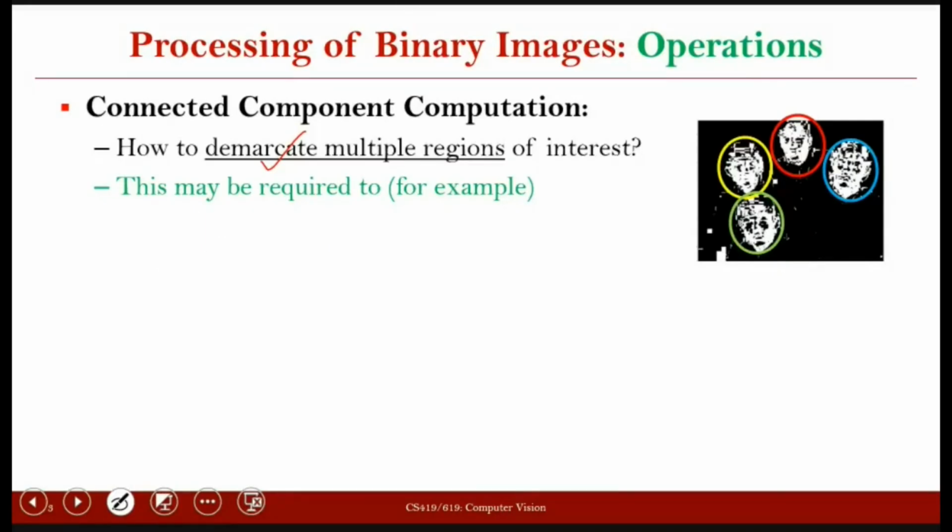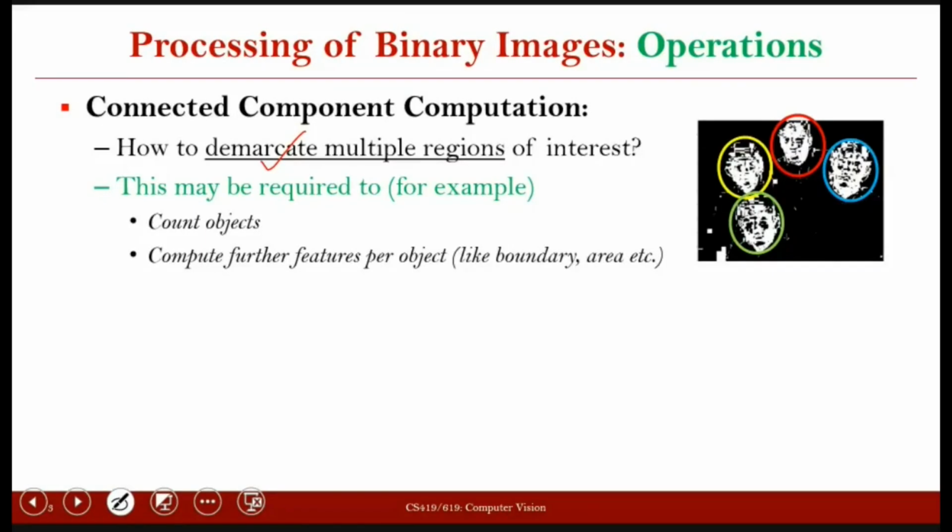This kind of computation may be required when we are trying to count the number of foreground objects present in the image, or maybe we would like to calculate some features like the boundary of these objects or the area of these objects. So in those scenarios, we need to first compute the connected components present in the binary image.